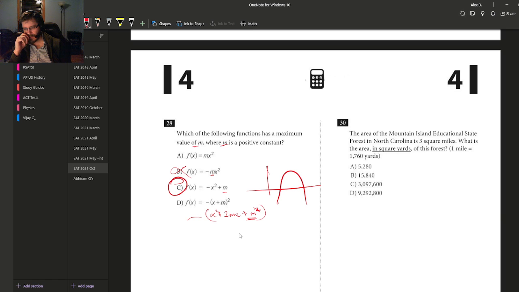And its maximum value is either above or below that. If this is concave down, let's see, negative 2m over, yeah, this has a negative maximum, so that's out. That has a maximum of 0, so let's see.